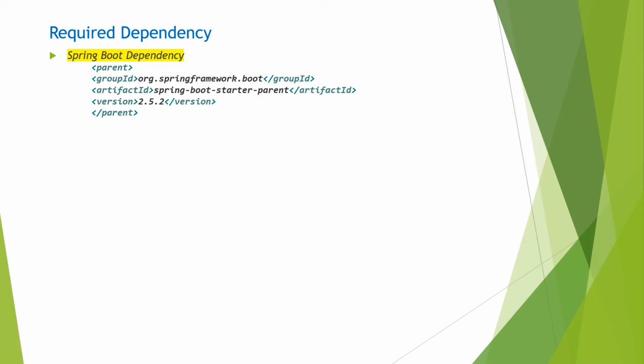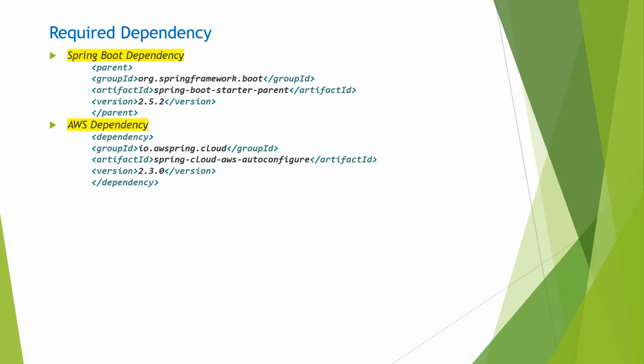First is that we have to add the Spring Boot dependency, the Spring Boot starter parent, which needs to be added as a parent, because all the corresponding Spring Boot dependencies will be inherited from this version 2.5.2. Then we need the AWS dependency.